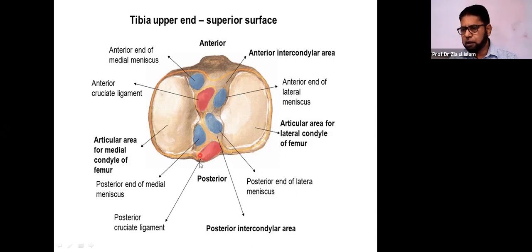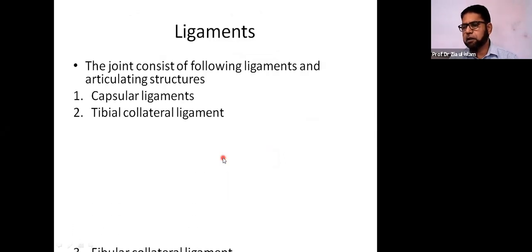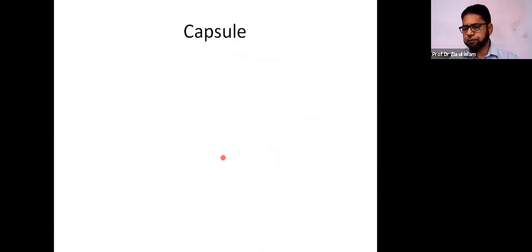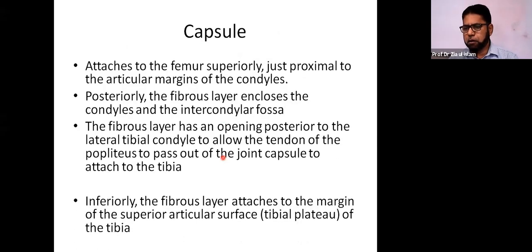Then it goes like this. यहाँ पे posterior cruciate को भी cover करेगा. And then इस जगह पे यहाँ पे एक opening होगी. There is opening over here for the tendon of the popliteus. फिर again ये continue होगा capsule. And it joins with the first layer. So this is how it is attached to the plateau of the tibia.